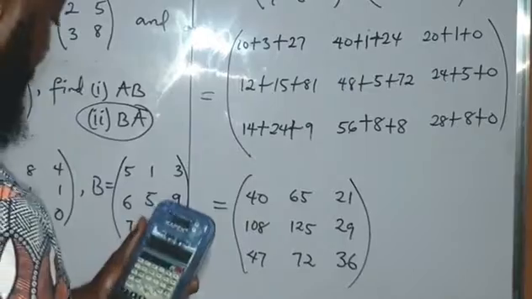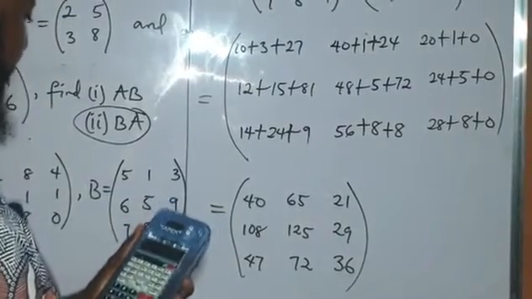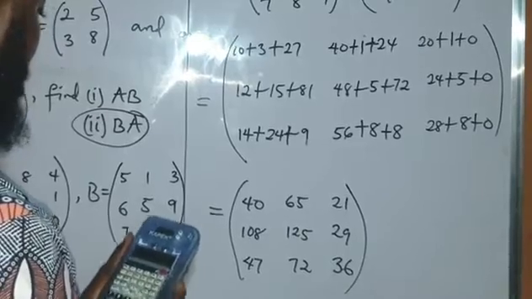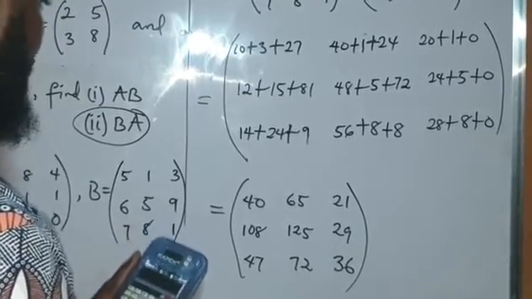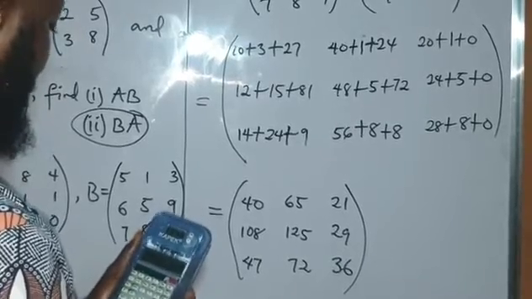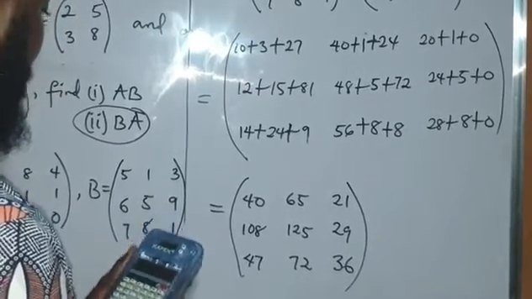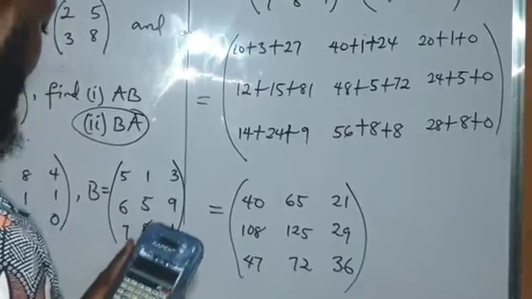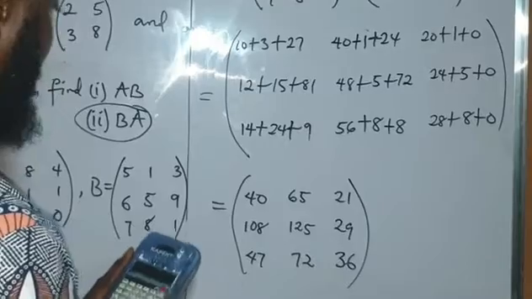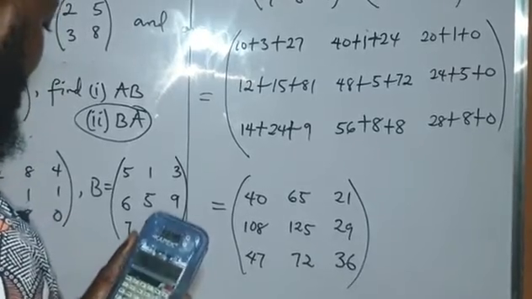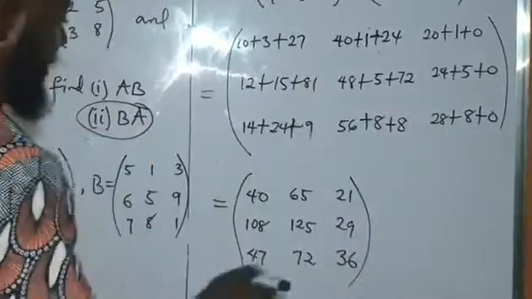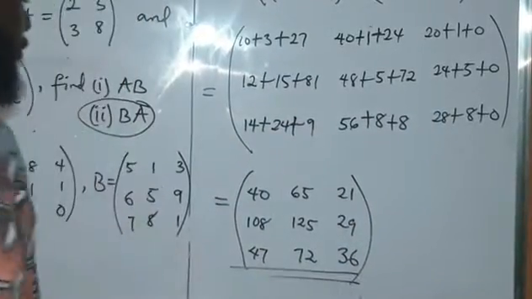Good. 48 plus 5 plus 72 gives 125. Good. 29 is correct. 14 plus 24 plus 9 gives 47. Good. 56 plus 16 is 72. And 28 plus 8 gives 36. So that is the end. That is the solution to this.